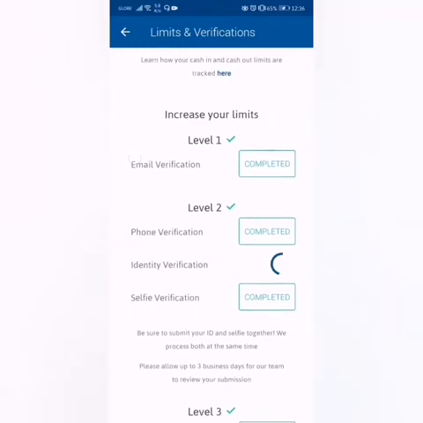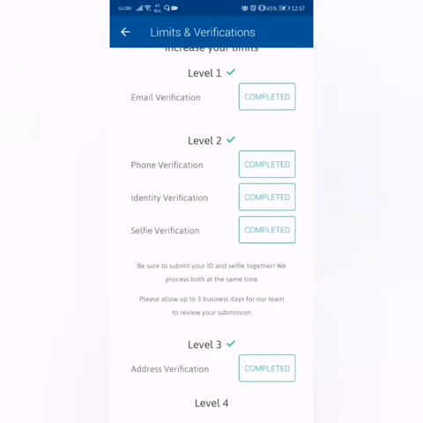Another thing that I'd like to discuss is the limits and verifications. Now, once you've already created an account, you have to increase your limits. What you'll have to do is follow the verification steps so that your limits will increase by level. So if you see here, level 1 is for email verification, and then level 2 is phone verification, identity verification, and selfie verification.